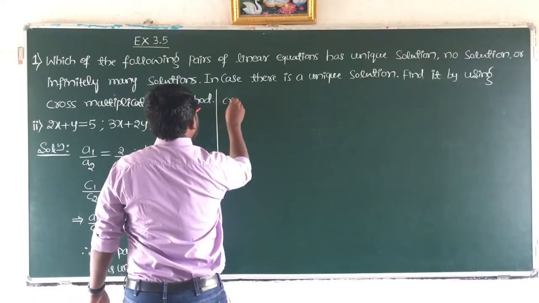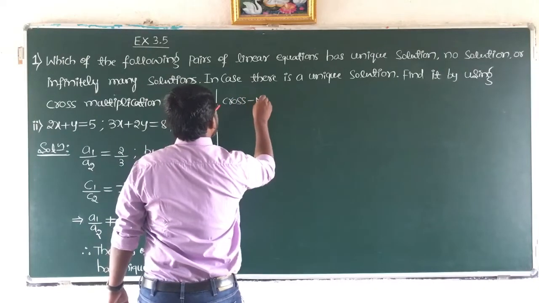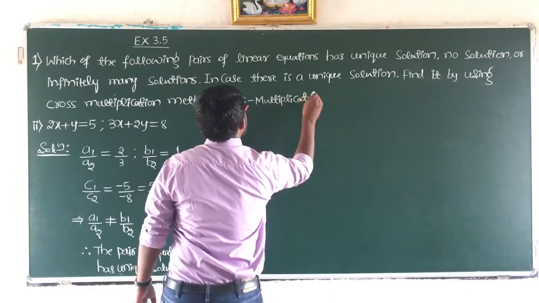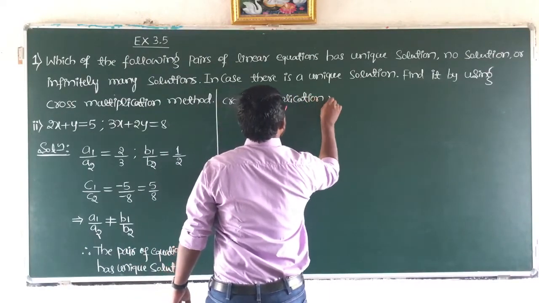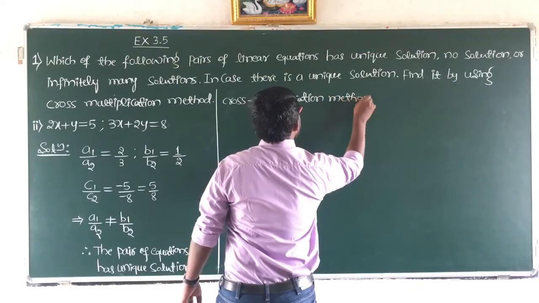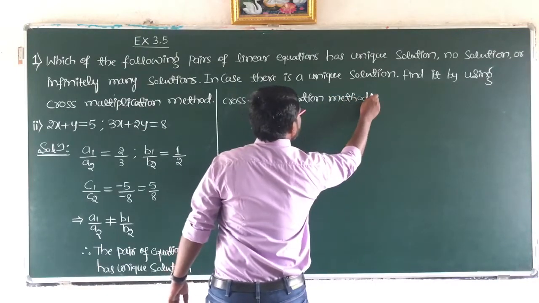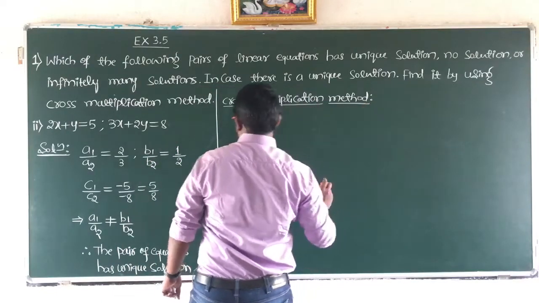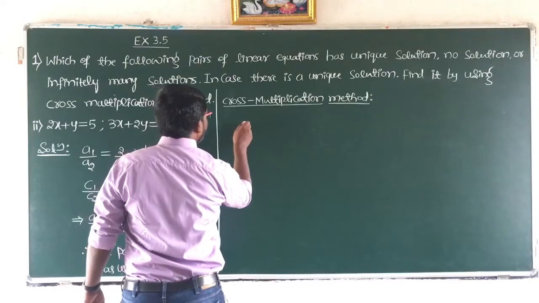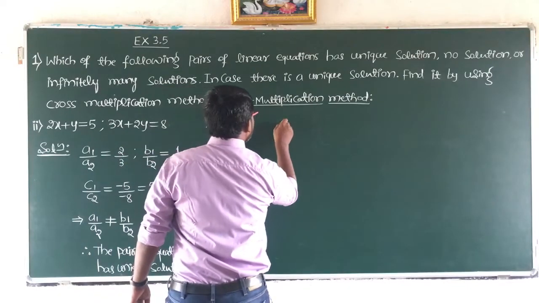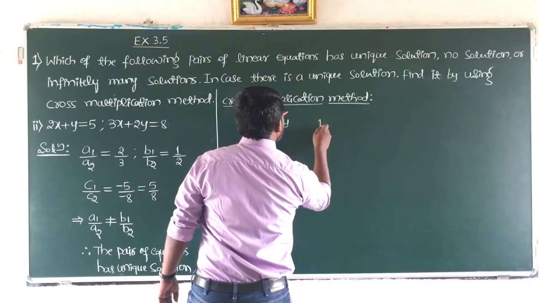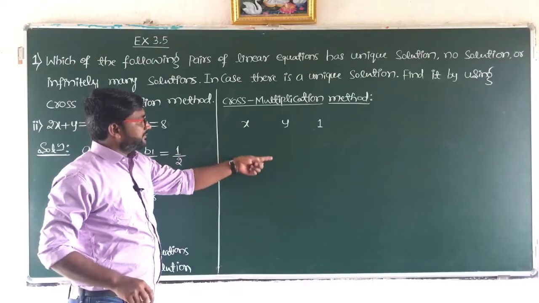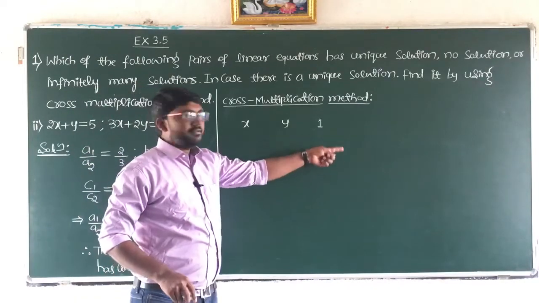Here, I write x and then y and then 1. We have to write b1 b2 c1 c2 a1 a2 and then b1 b2.